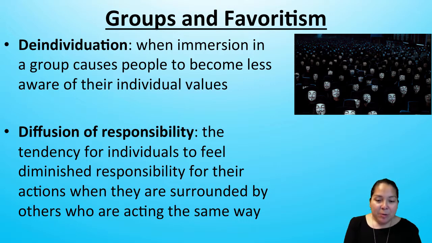You may not feel as much responsibility because you think surely someone else in this crowd of cars has already called the fire in to the highway police, so the responsibility is not falling on me, but on the other people around me. So again, there's this diffusion of responsibility in bigger groups. Primarily when we discuss de-individuation and diffusion of responsibility, decision making is not good, and it's not thought out, and behavior is not good either.